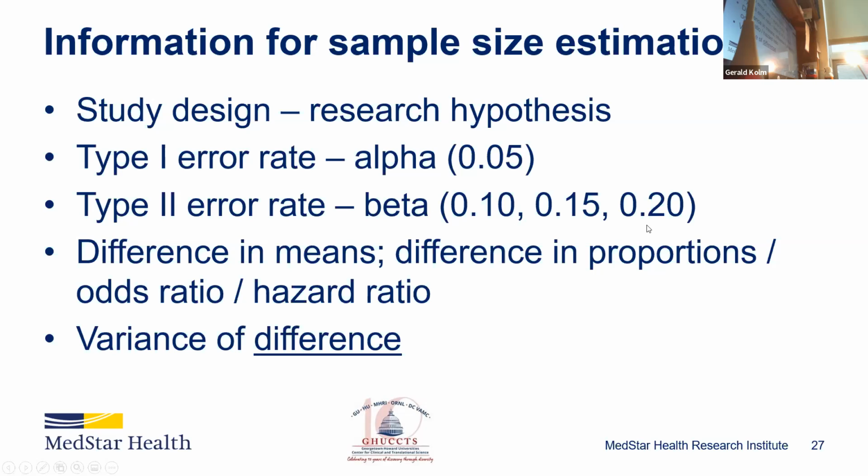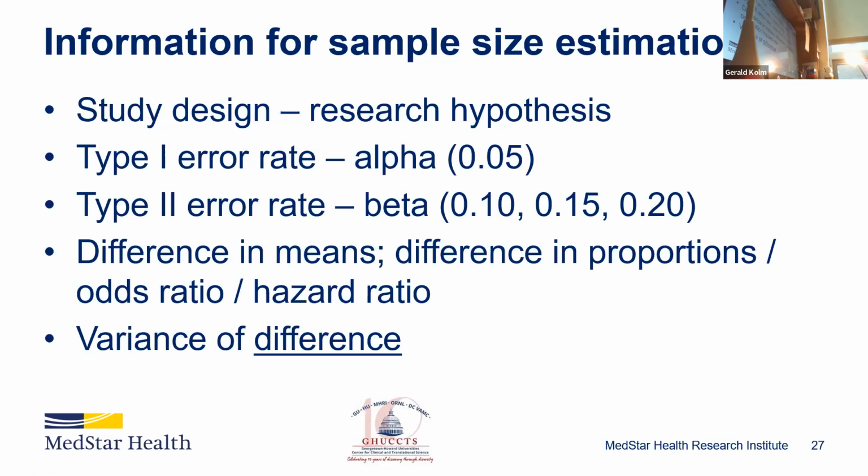Often what is used is 0.2, which means that that's 80% power, 1 minus 0.2. However, sometimes, particularly if you have a study that's being funded, say by the NIH, they're going to require higher power. So maybe you're going to need to set the beta error smaller, like 0.15 or 0.1.